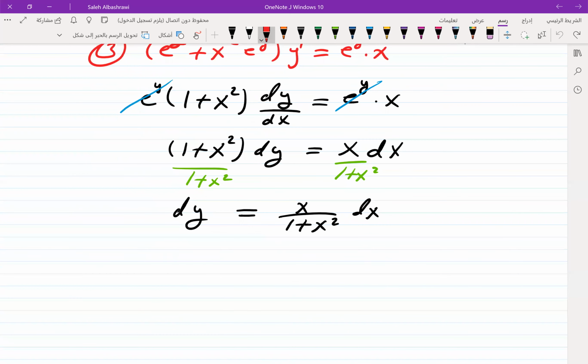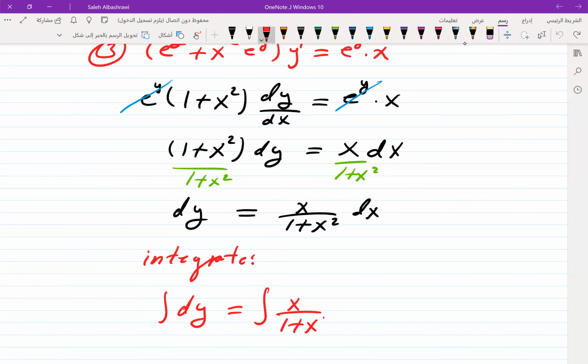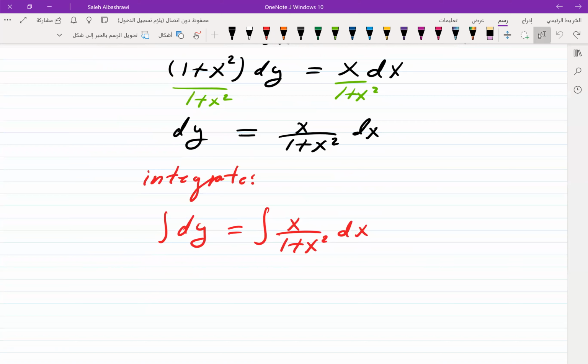Now integrate. We have the integral of dy equal to the integral of x over (1 + x²) dx. The left-hand side will give me y equal to the integral of x divided by 1 + x².